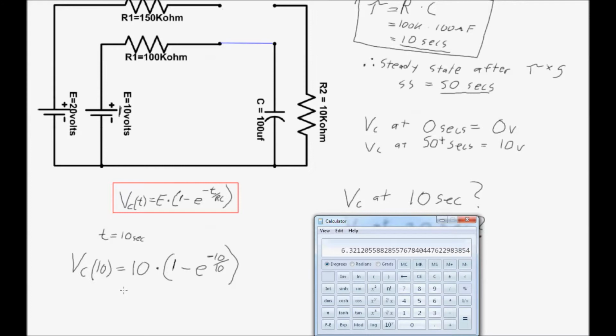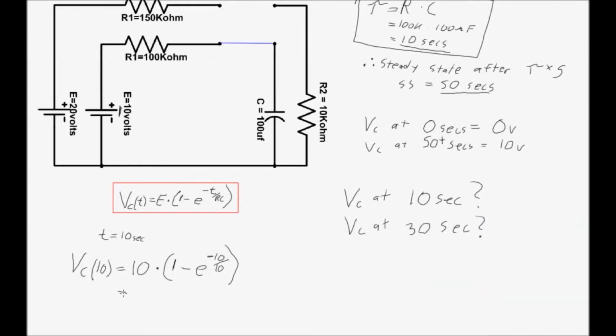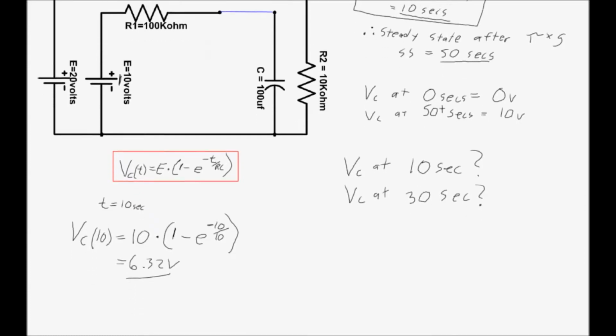So the voltage across the capacitor after 10 seconds is 6.32 volts. 6.32 volts. Okay, let's try it with a 30-second time.